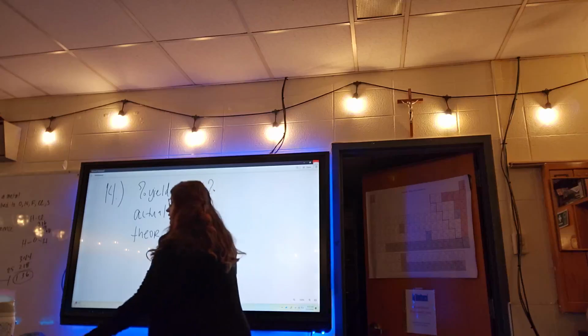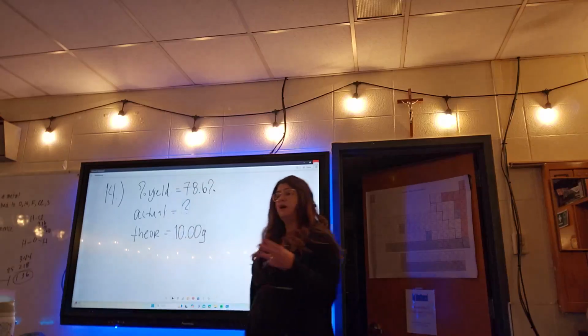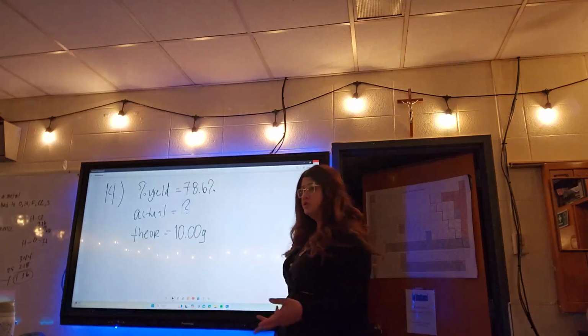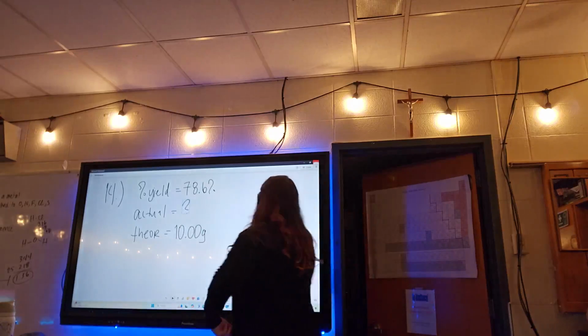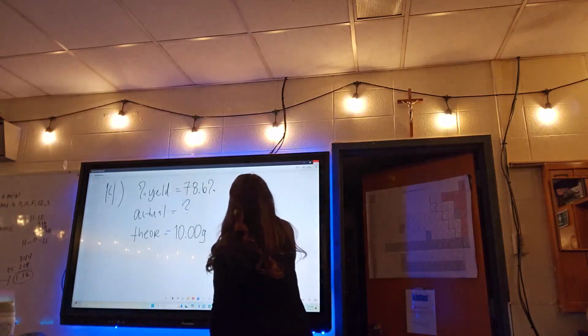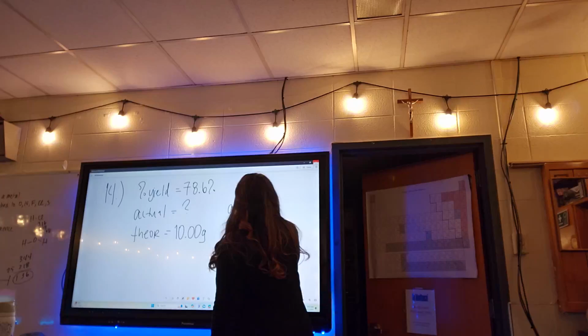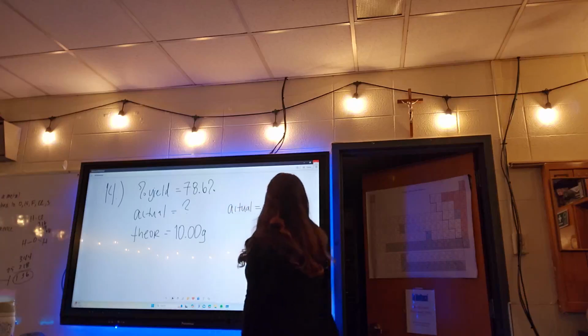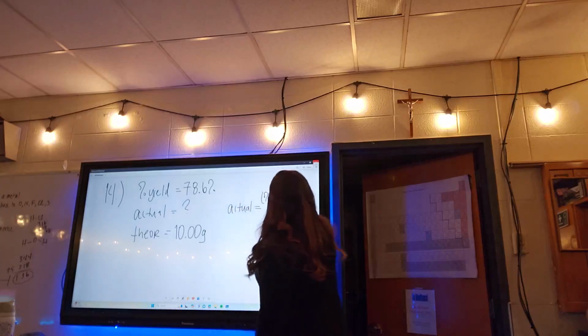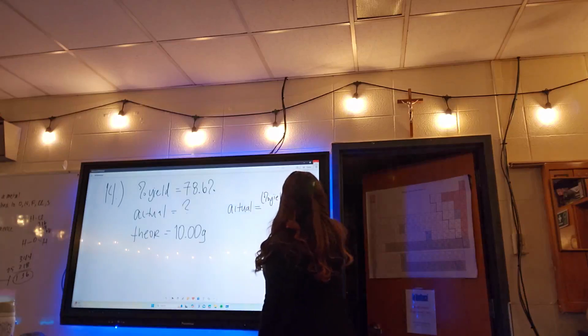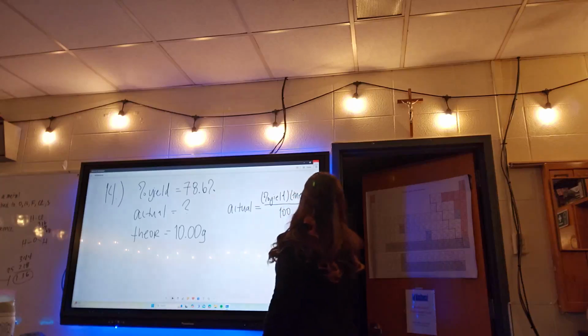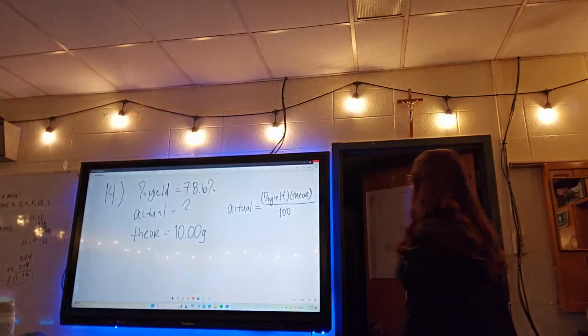So that means you're going to have to choose from those three formulas that you have now on your green sheet. Which one should you use? Actual. Correct. And so it should be actual equals percent yield, right? Times the theoretical divided by 100. All right, so somebody do that math for me. 7.06.